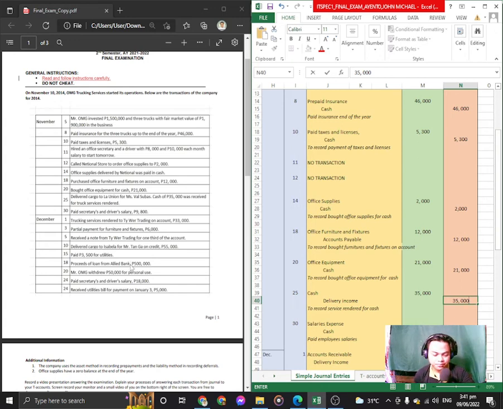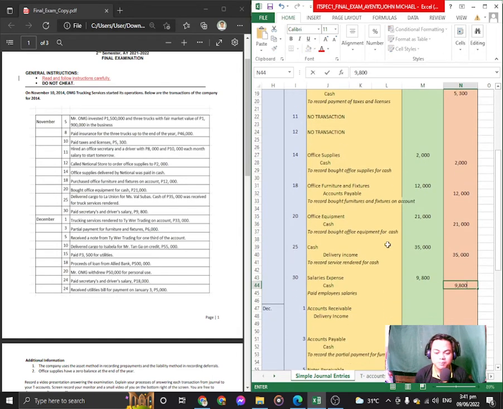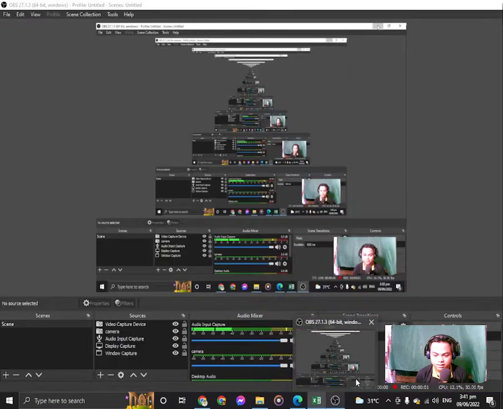Salaries, they are paid their wages. So for the debit, we have salaries expense, 9,800 pesos. And what we give is cash, so for our credit we have 9,800 pesos, to record the paid employees' salaries. Okay, good.